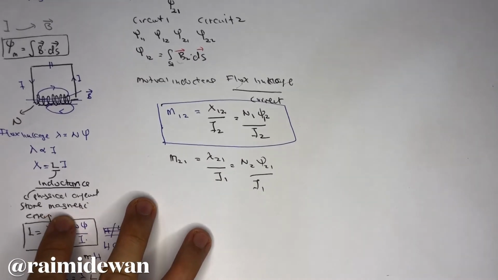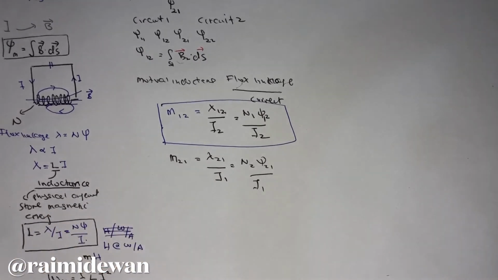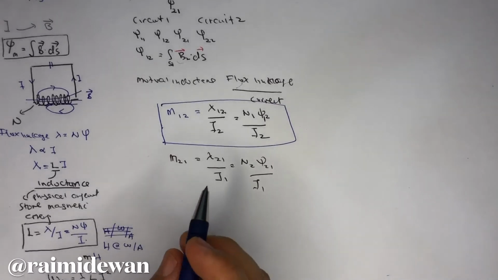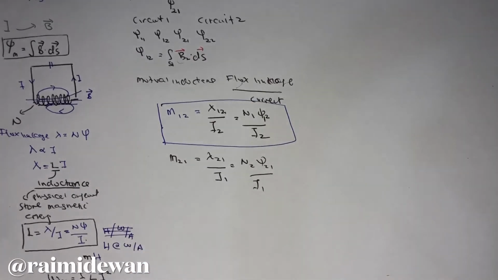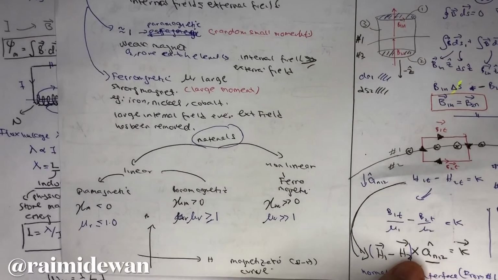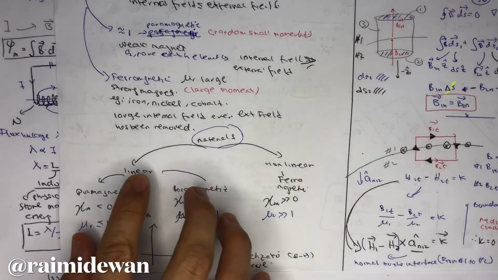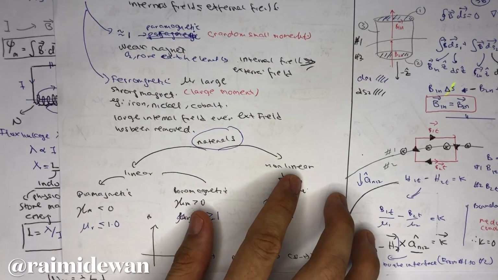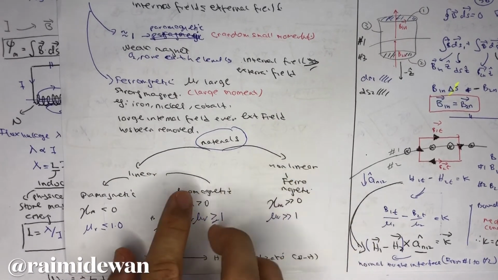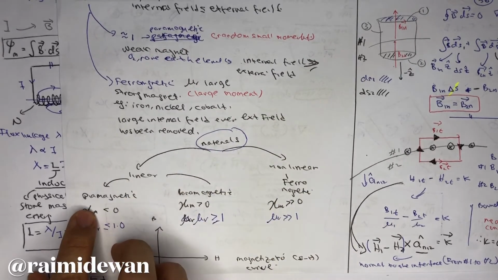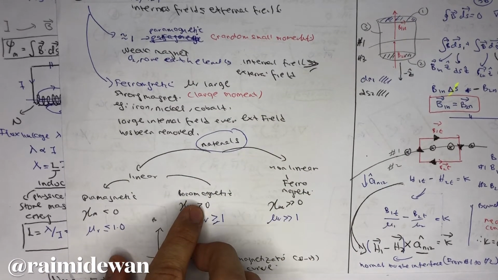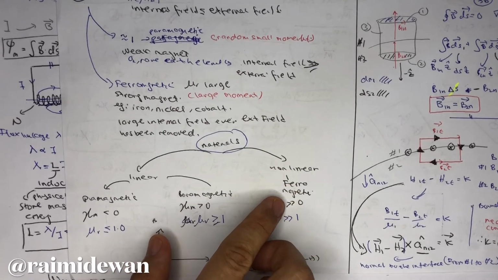We also get to know, using the energy concept, that if the circuit is linear, and the medium surrounding the circuit is linear, in the absence of ferromagnetic material, as we learned from the previous lecture, this one is considered linear, and this one is considered non-linear. Materials which are linear are diamagnetic or paramagnetic. It is non-linear if it is ferromagnetic.